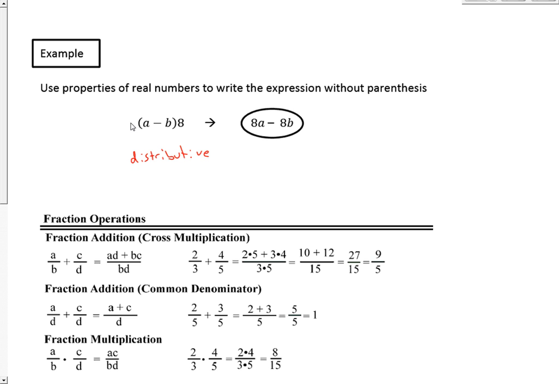We're used to seeing that number out in front, but it can also be in the back of the parentheses. We would take 8 times A and get 8A, and then take 8 times B and get 8B, and because we're subtracting here, that stays as subtraction. So we get 8A minus 8B.